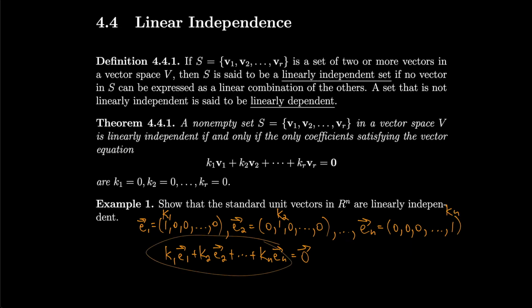So if I actually multiply this out, the left side just becomes (k1, k2, through kn). The right side is just the 0 vector, so that equals (0, 0, and so on).